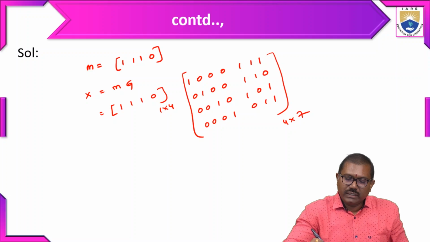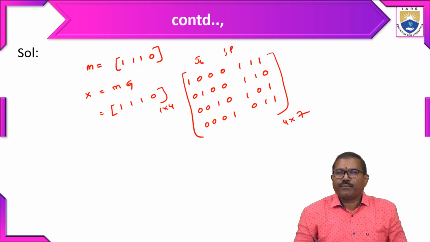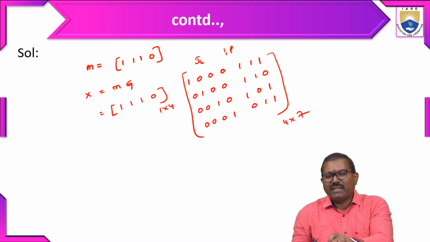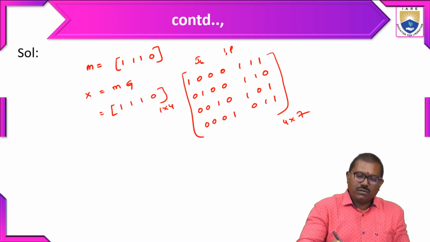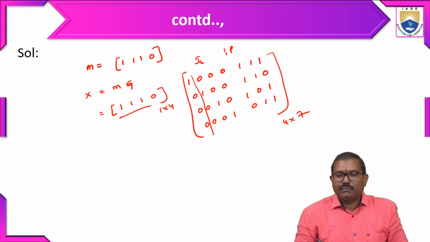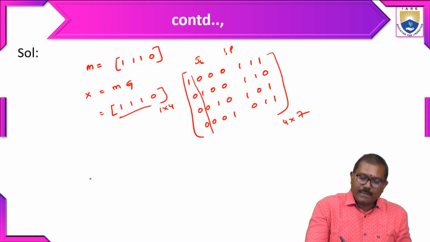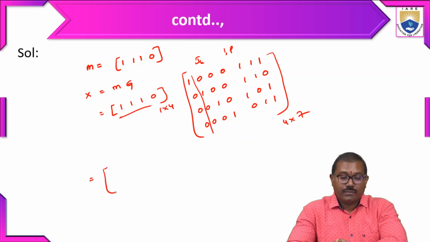So here it is in the form of [IK P], the identity matrix and the coefficient matrix. Now I am going to multiply. Here multiplication means I am performing the XOR operation. Okay, so let us see.